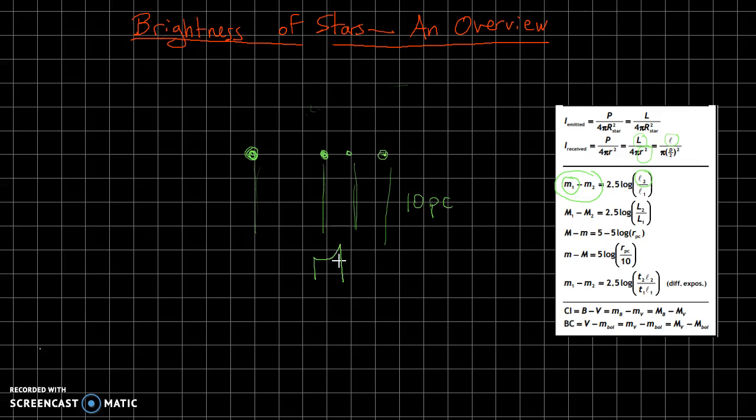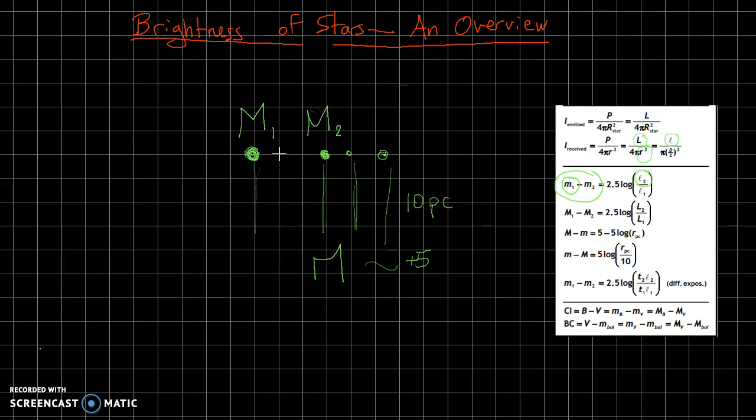So a star like the sun, which appears to be very bright because it's so close to us, if you place the sun at 10 parsecs, its absolute magnitude will be roughly plus 5, barely visible to the naked eye. Now, when we compare the absolute magnitude of a star with the absolute magnitude of a different star, we are comparing them side by side.